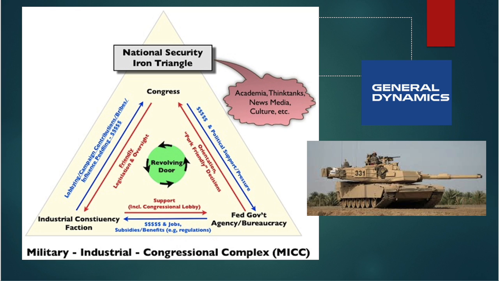If you look at an example here, this would be a national security iron triangle. And within that issue network, sometimes outside of the congressional committee, the interest group and the bureaucracy, you have think tanks and news media and culture and professors and individuals at universities. But within this iron triangle, you have Congress, which has the money and gets to approve the budget that goes to the federal bureaucracy.